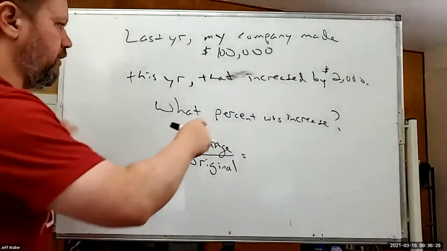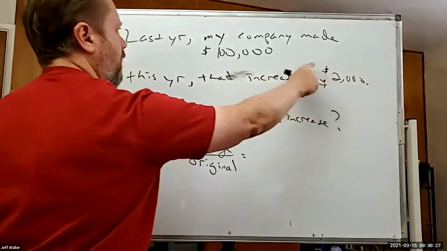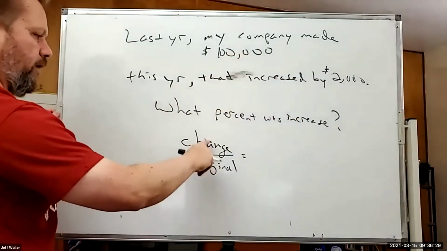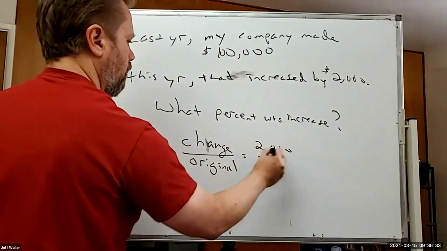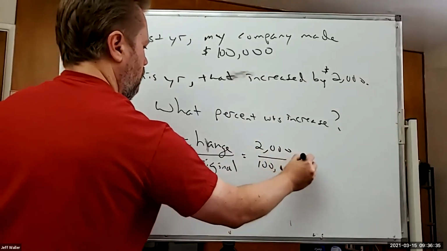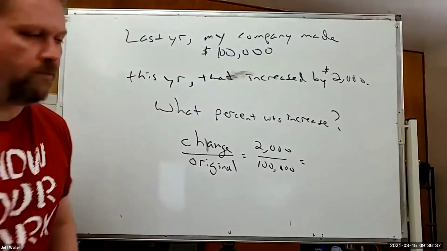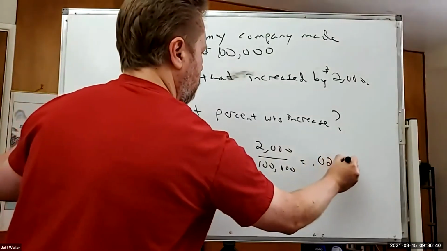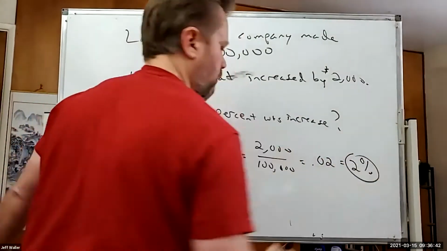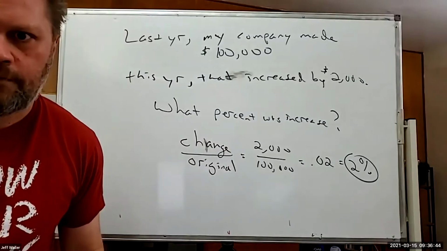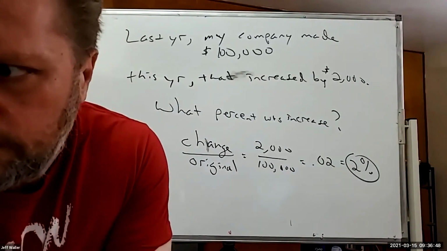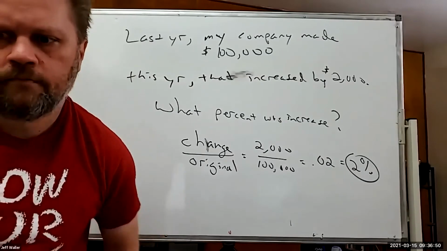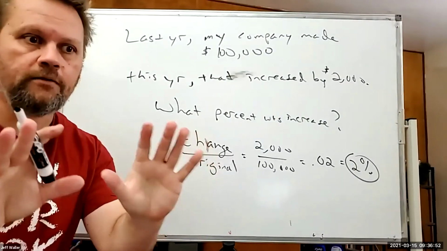So in this case, it's change divided by original if you want to make something more specific. So that does come out to be 0.02, which is 2%. I like it. Okay, no big deal, right?